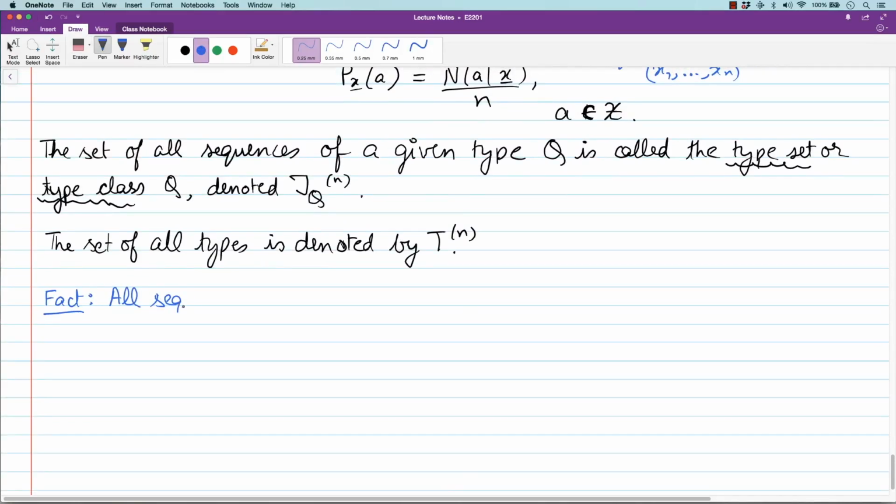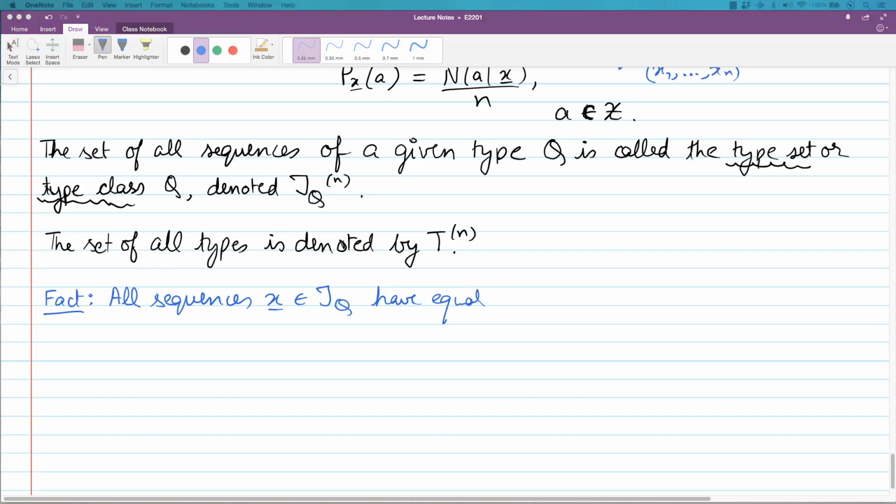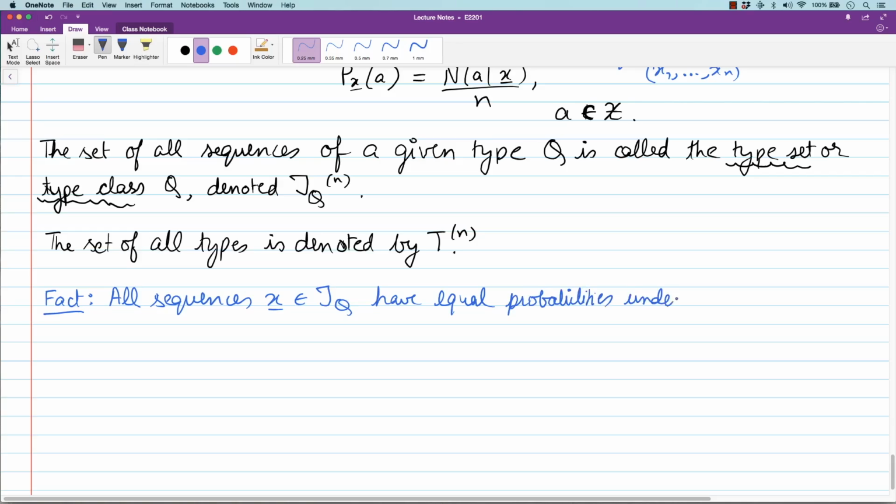All sequences X in a given type set Q, I'll just omit that N because that remains fixed for us, have equal probabilities under any independent and identically distributed, any IID or product distribution Pn.